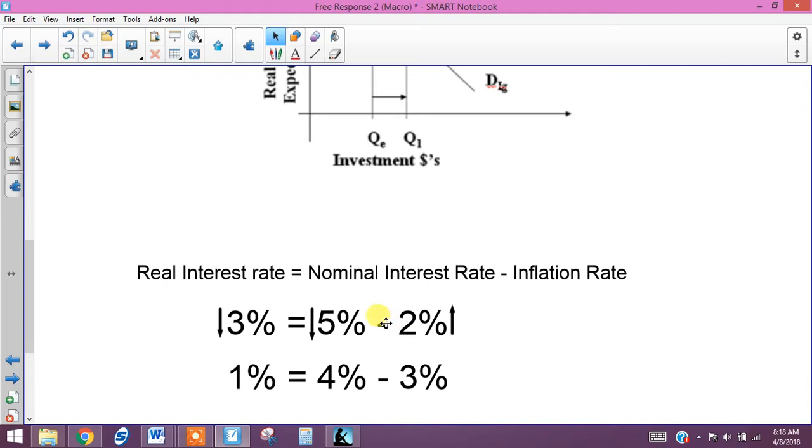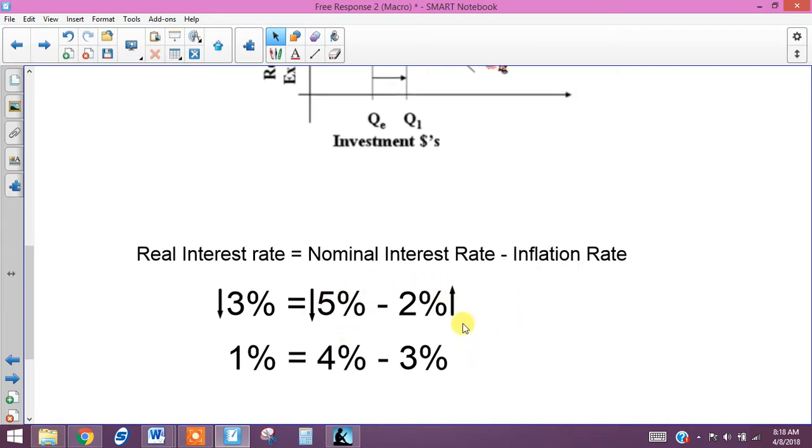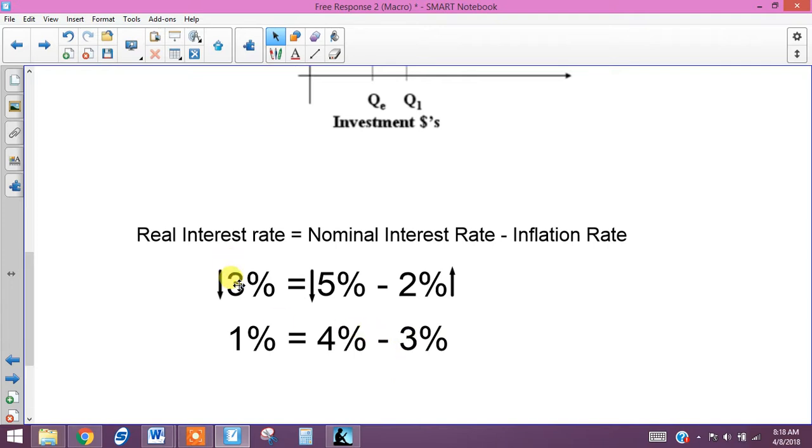So if the nominal interest rate goes down and the inflation rate goes up, you can see the numbers here. The real interest rate is going to drop even more than the nominal, because it's going to be affected by both the nominal interest rate going down and the price levels going up, and so it's going to be lower.